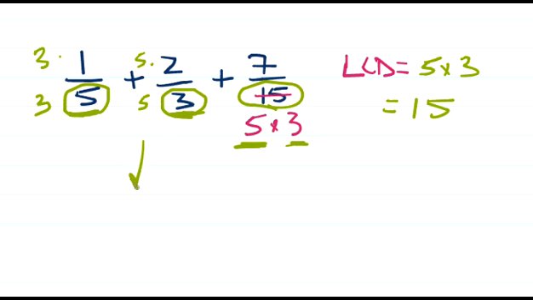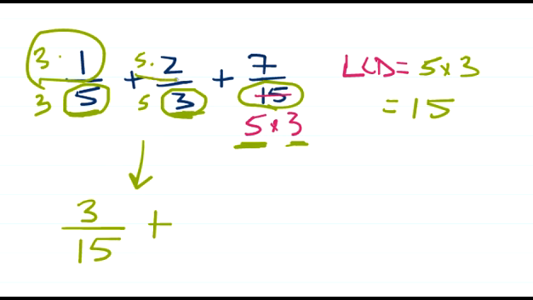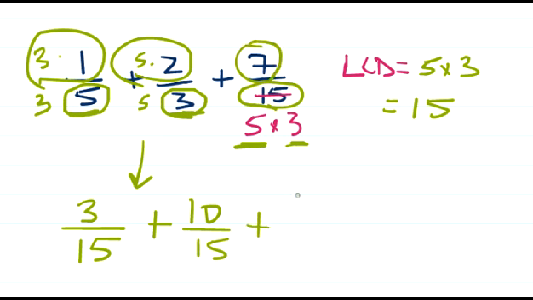And so let's rewrite our fractions, and we get 3 times 1, which is 3, over 3 times 5, which is 15, plus, and we get 5 times 2, which is 10, over 5 times 3, which is 15, plus, and this time we didn't have to do anything on top, so we still have a 7 over 5 times 3, which is 15.